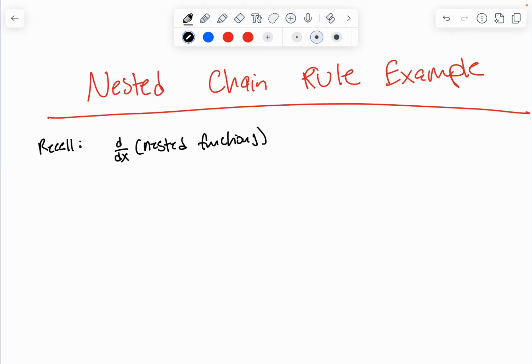What nested functions actually mean is when you have functions within other functions. So the formula looks like this: d dx of f of g of x is equal to f prime of g of x multiplied by g prime of x.